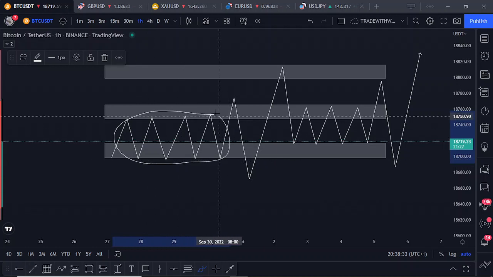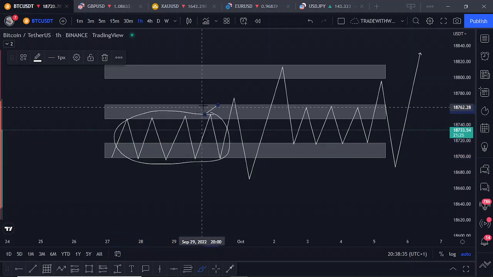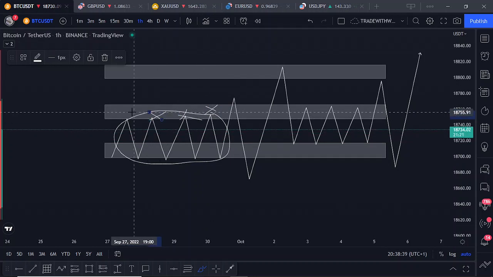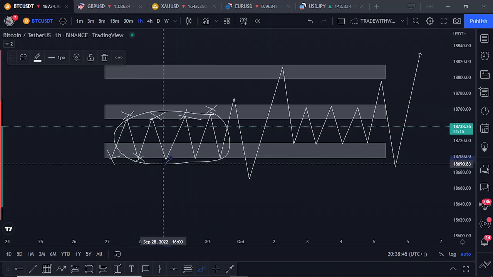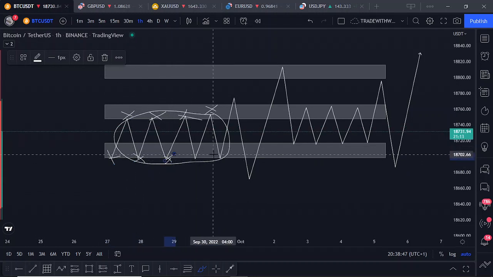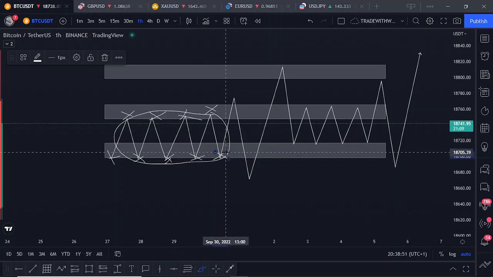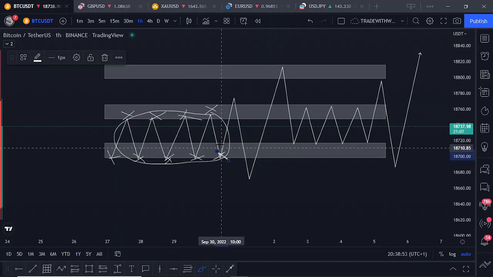Why is liquidity inside this range? Because there's a lot of buyers and sellers. You can see we have a lot of buyers, a lot of sellers here, and a lot of buyers here. If there's a lot of buyers and sellers, it means they are putting their money inside these zones. That is why I said liquidity is money.